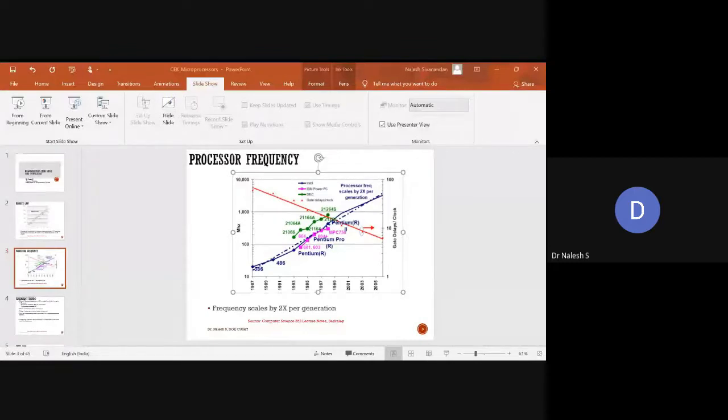Clock frequency increasing means the cycle time or the clock period is reducing. It is becoming half. So the time taken to complete some operation automatically becomes half as the frequency increases. Earlier, for example, let's say this is your clock period, and now you have a clock period like this.